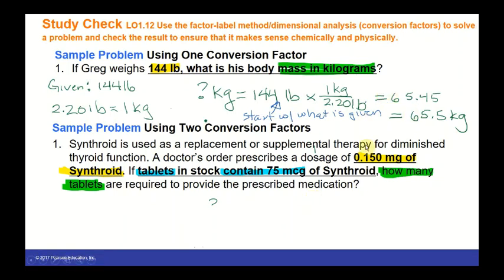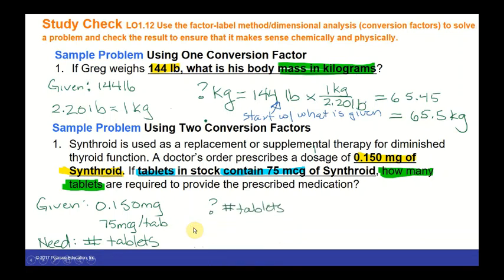Well, what's given? We know what's given is 0.15 milligrams of Synthroid. We also know that we need to know how many tablets there are, and our stock contains 75 micrograms of Synthroid per tablet. Well, we need to know the number of tablets.